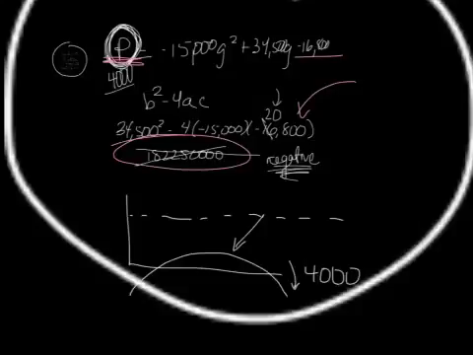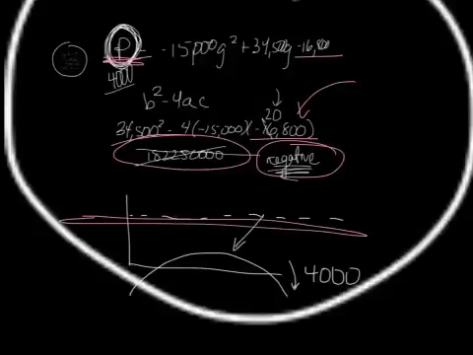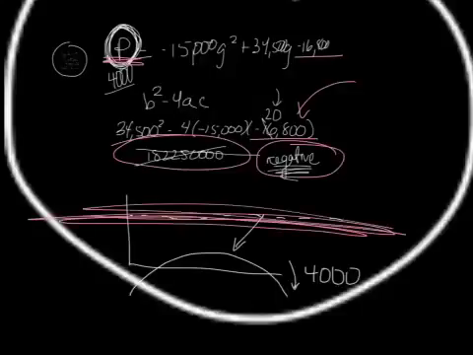However, when I showed that there was a $4,000 profit, my discriminant became negative, which means this $4,000 region up here, my quadratic never reached 4,000 because I have two complex solutions. So since I never reached 4,000, I couldn't possibly have a profit of 4,000 no matter what I did for a daily value.